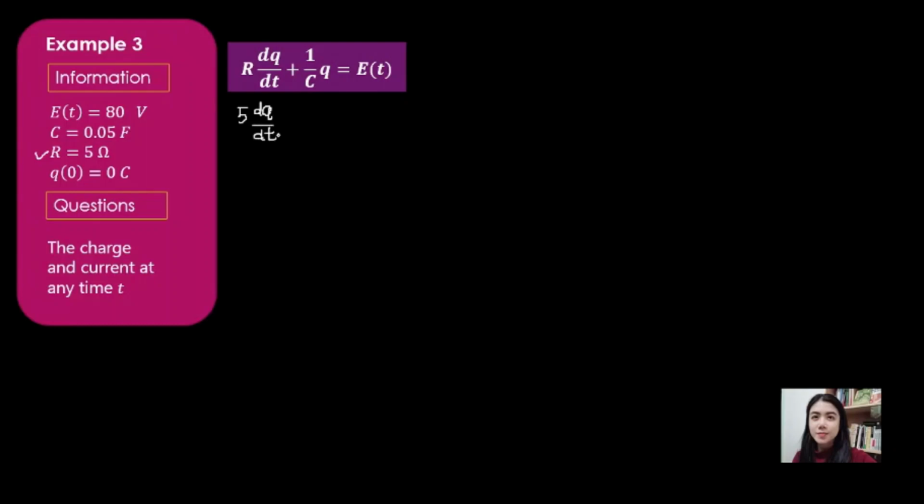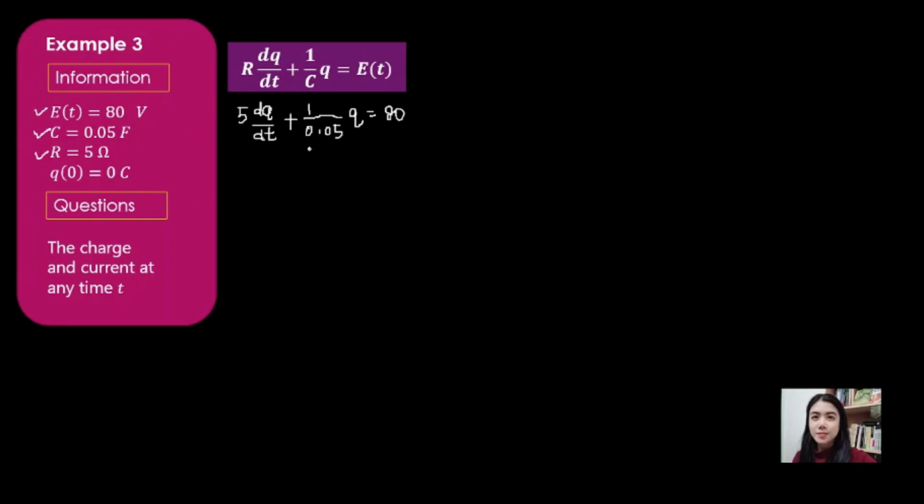Let's solve this example 3 by the differential equation. This is the differential equation that we have here. Let's substitute the value of R, which is 5. So we have 5 dQ/dt plus 1 over C. Your C here is 0.05, multiplied with Q, equal to E, and E is 80.